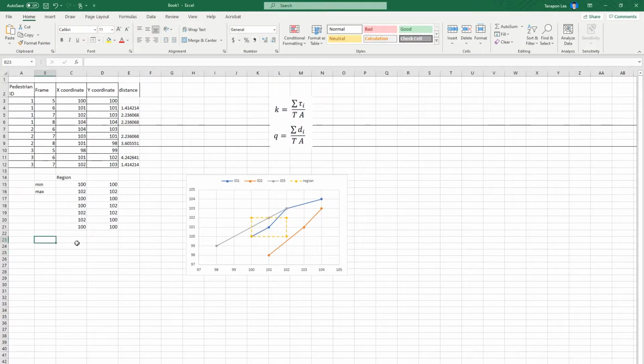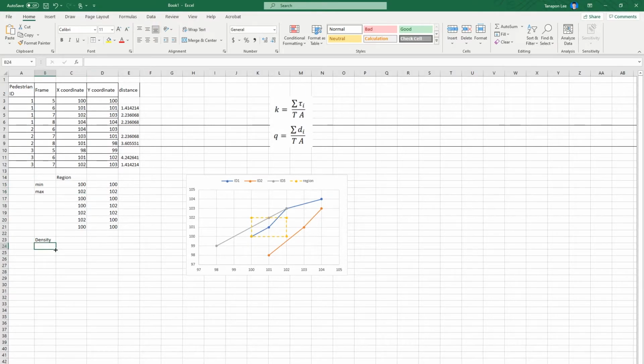So let's do density first. Density is the time that people spend in these regions divided by the total time of the measurement and the area. So this A is 2 times 2, so it's 4 square meters.